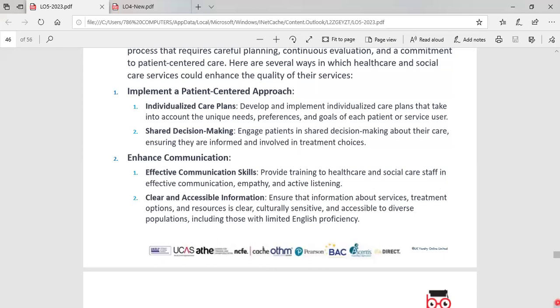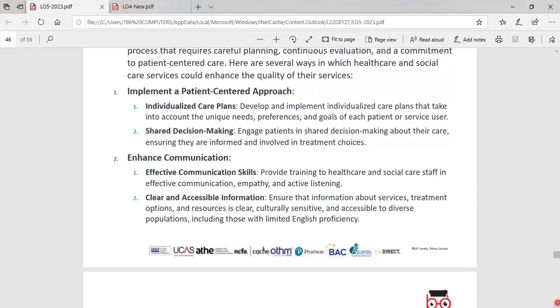You have trainings on effective communication. You need to have those continuous trainings, because sometimes there are new forms of communication that are more effective in terms of the resources that you have.